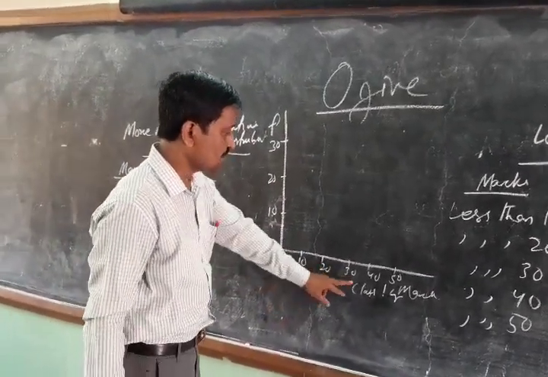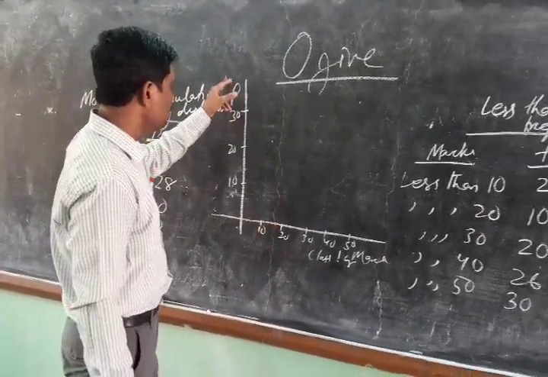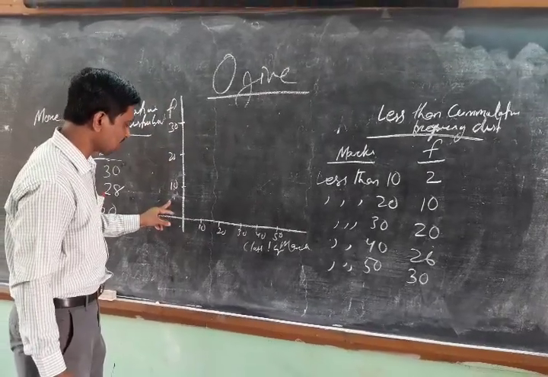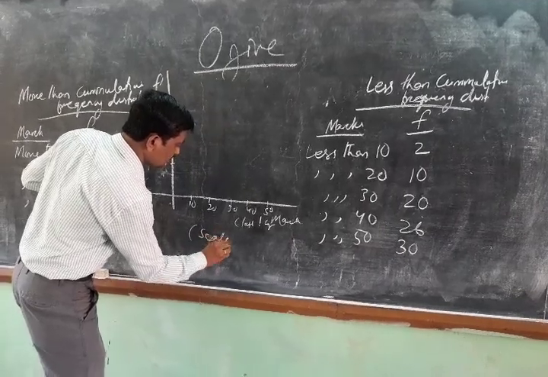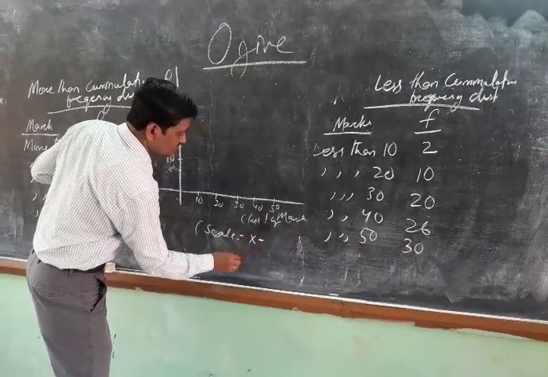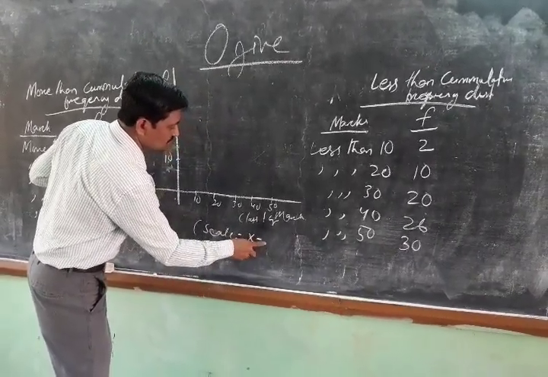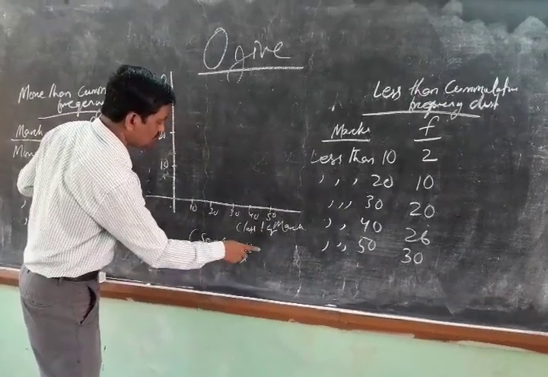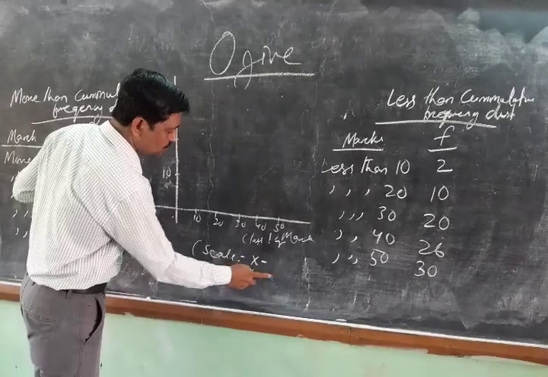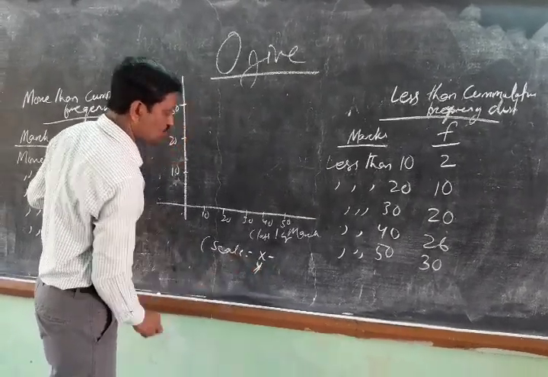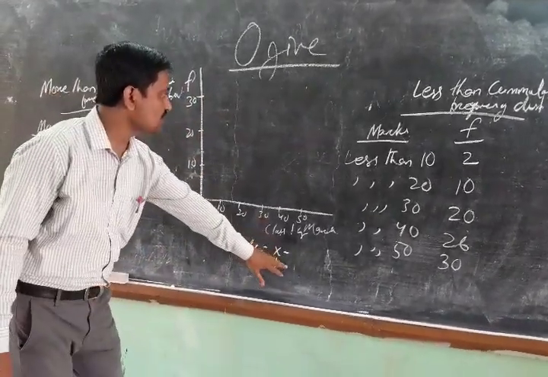What is the scale you are using for the x-axis, and what is the scale you are using for the y-axis? Mention how many small squares equal 1 unit for x, and how many small squares equal 1 unit for y.